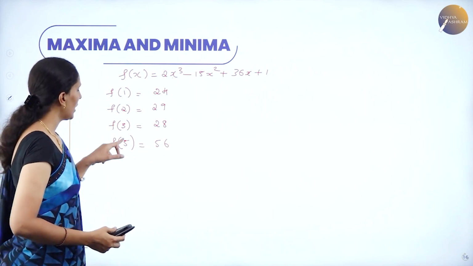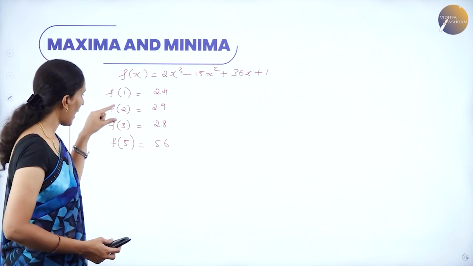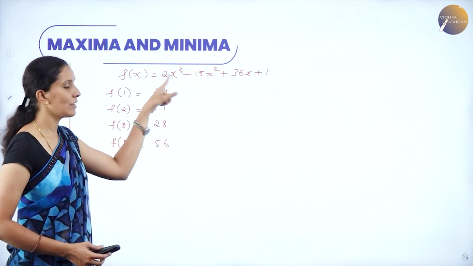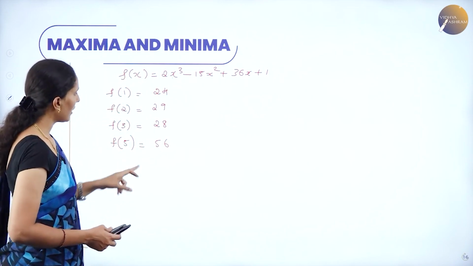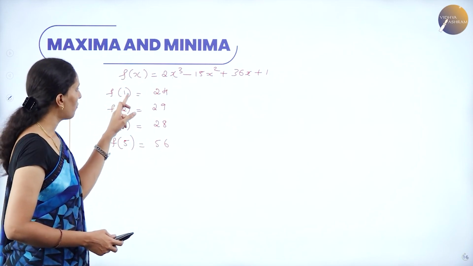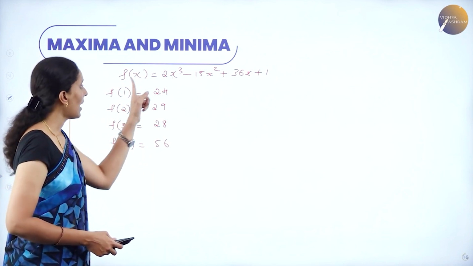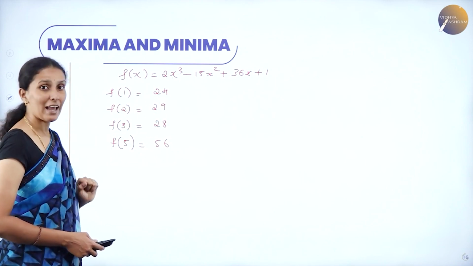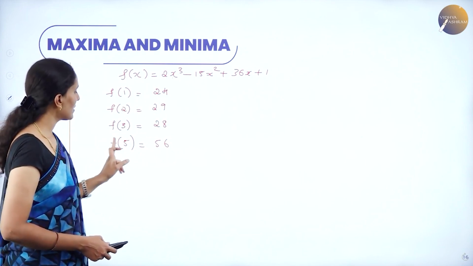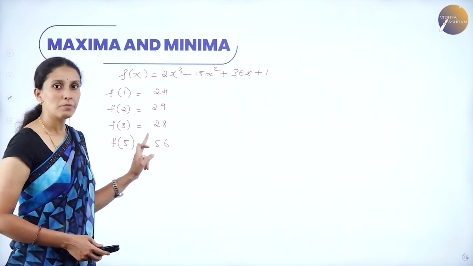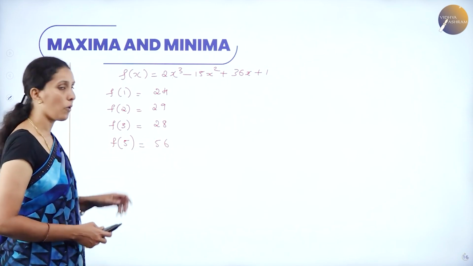So, with the end points of the interval and the critical points, we have found the value of f of x. Now, clearly you can see here f of 1 is the minimum value, so the absolute minimum value is f of 1. And similarly, you can see 56 is the absolute maximum value at the point 5.